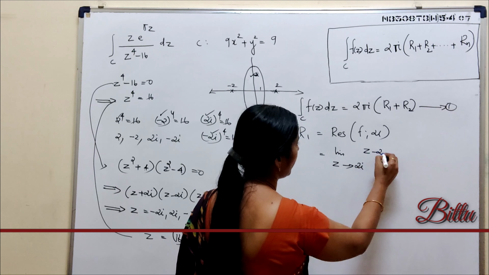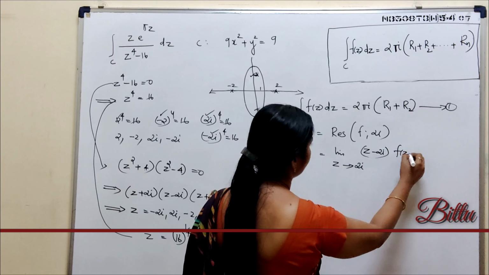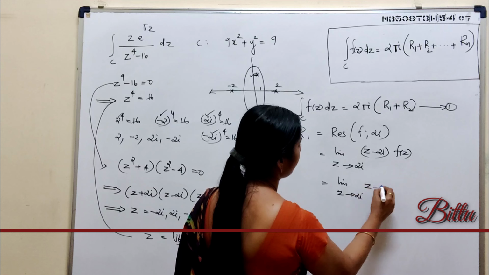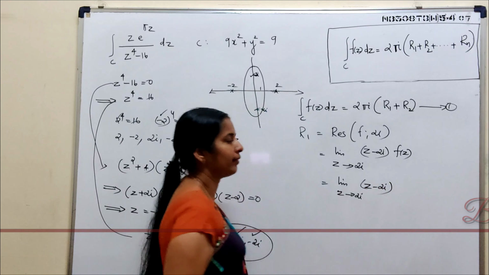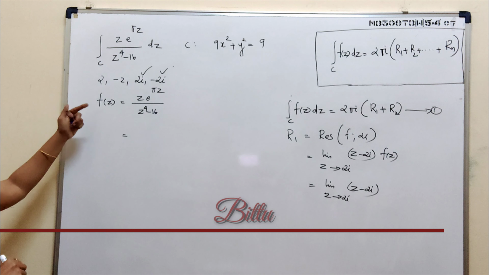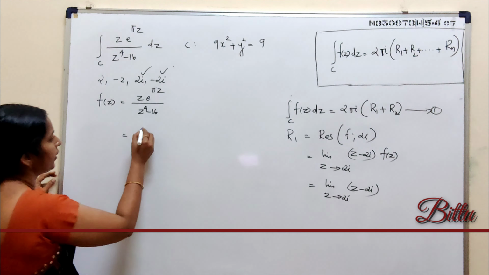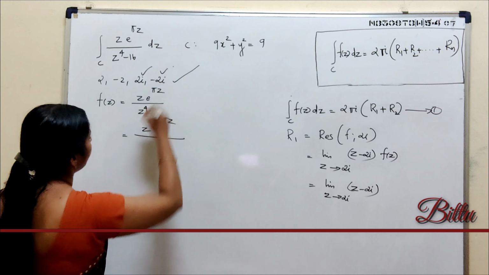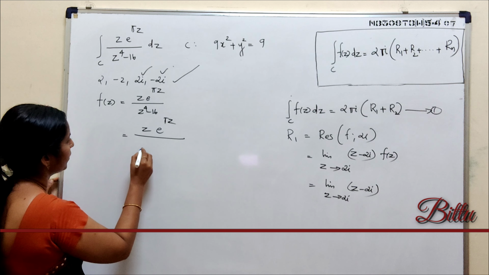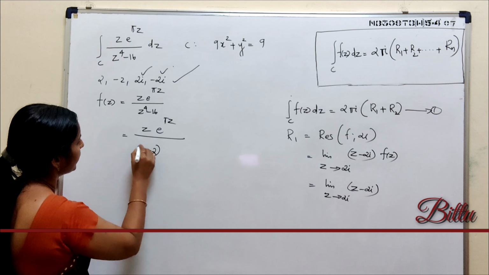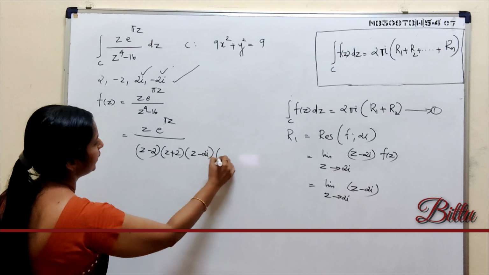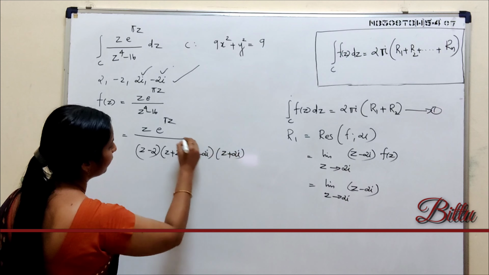So z minus 2i into f(z). That is, limit z tends to 2i, z minus 2i into f(z). You have to factorize f(z). These are the solutions of the denominator, so its factorization is z minus 2 into z plus 2 into z minus 2i into z plus 2i.